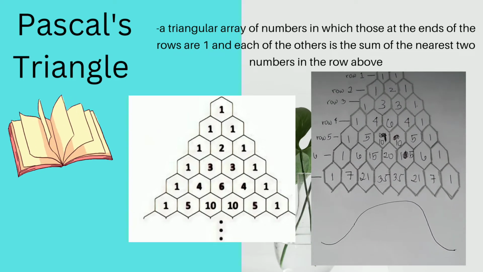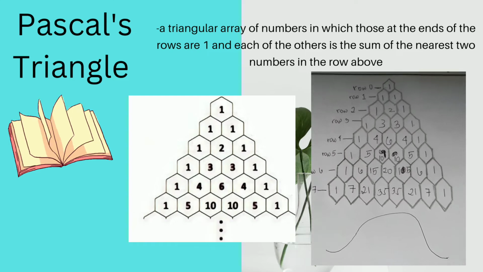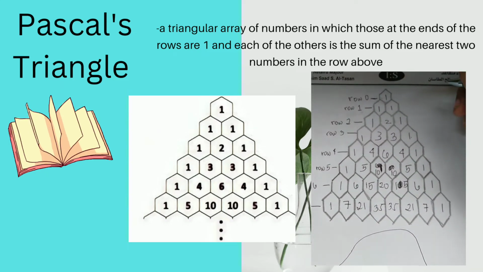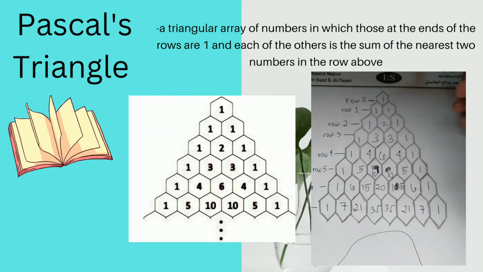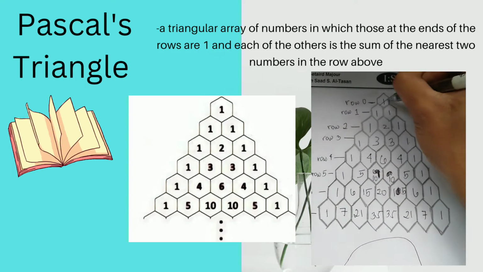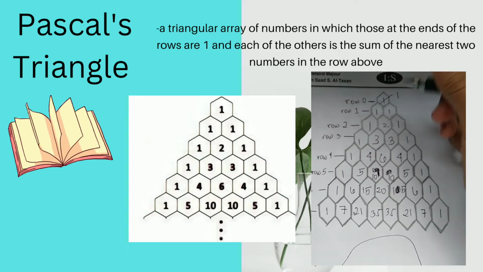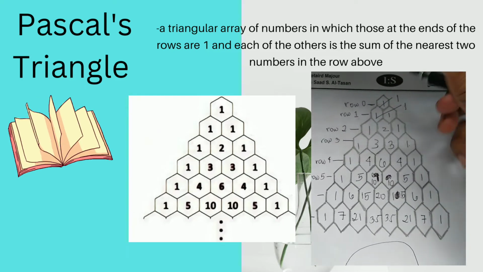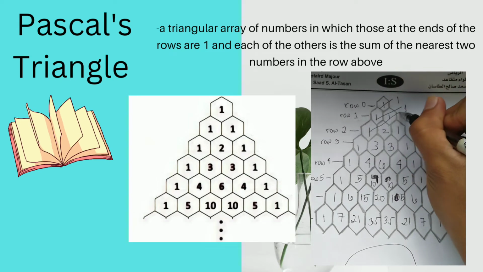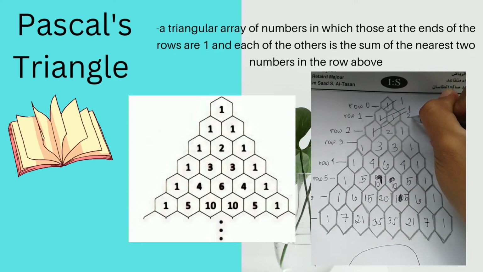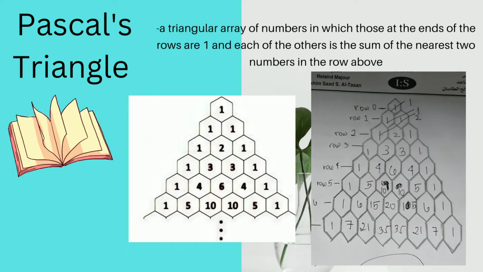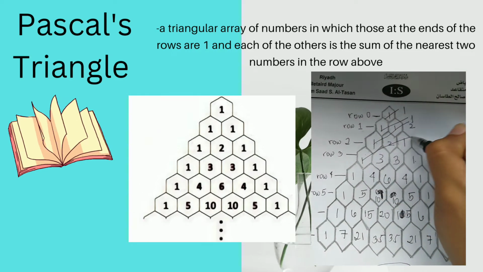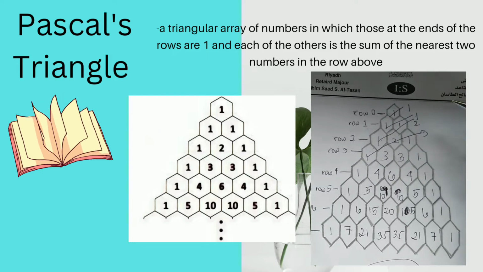So there's also another beautiful feature of this Pascal's triangle. If you add them diagonally, it will form into the Fibonacci sequence. So 1, this is 1, and then also 1 plus 1 is 2. 1 plus 2 is 3.